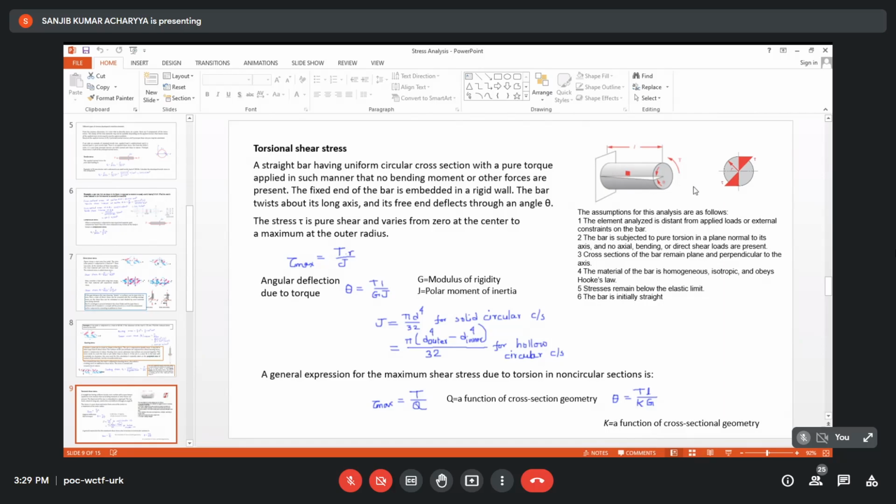Since any cross section is equally critical, any point on the surface is equally critical. Regarding shear stress developed due to applied torque, any point is equally critical. Do you agree or not?